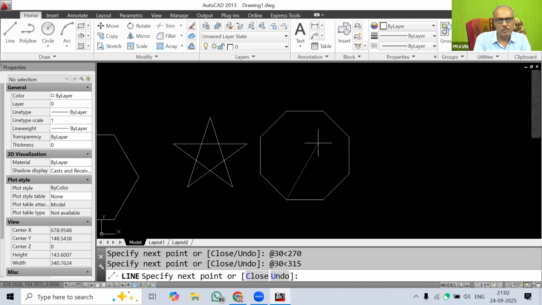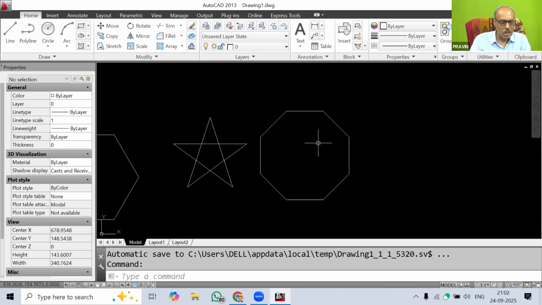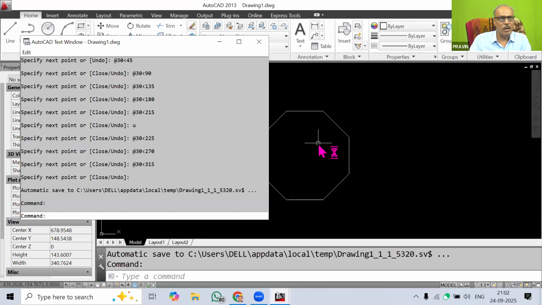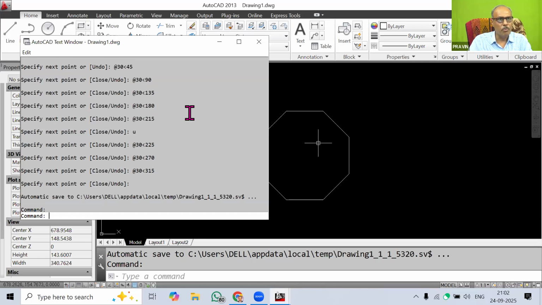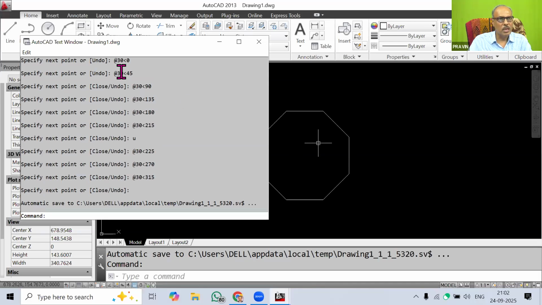Enter. And yes, this was completed. This type of coordinate you can see in the text window, which I have opened by pressing the F2 function key. You can see that starting from 0, then 45, 90, 135, 180, then 225 (the 215 was wrong), 270 and 315. In this way you can use the polar coordinate system.